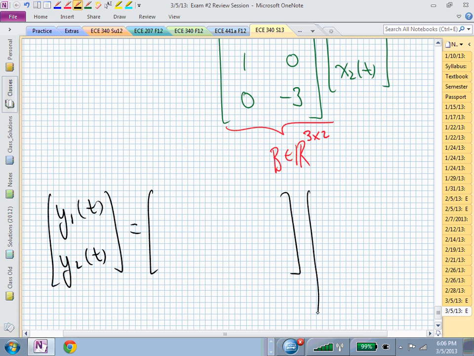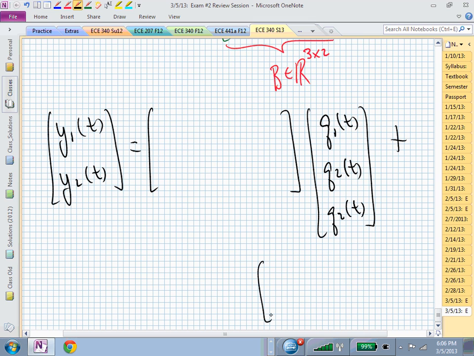It has to be compatible with Q. And now I will add to that a 2-row, and how wide is my D matrix? It has to be as wide as the input vector is tall. So it's 2 wide.